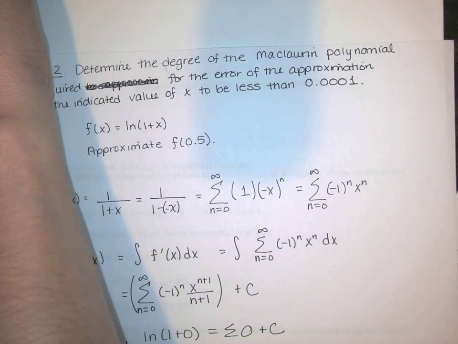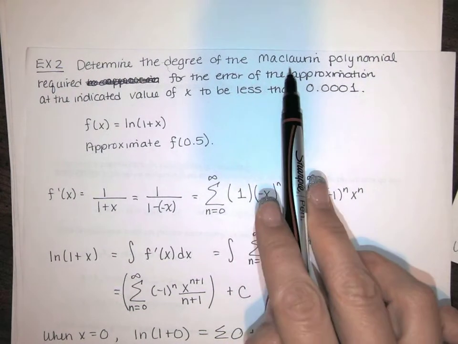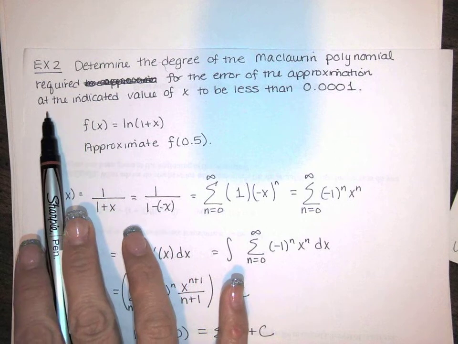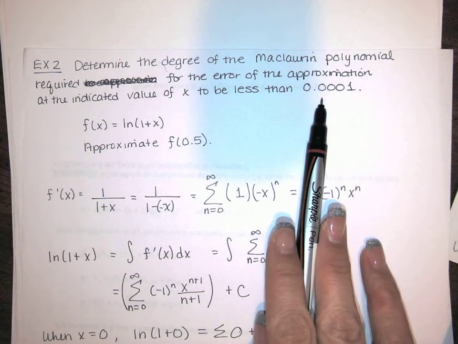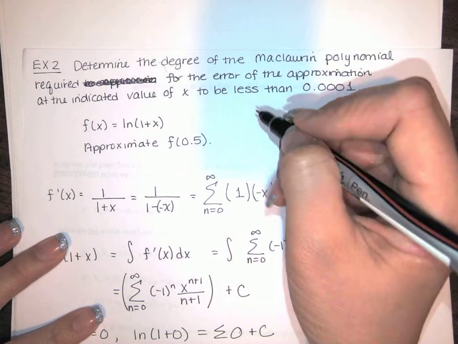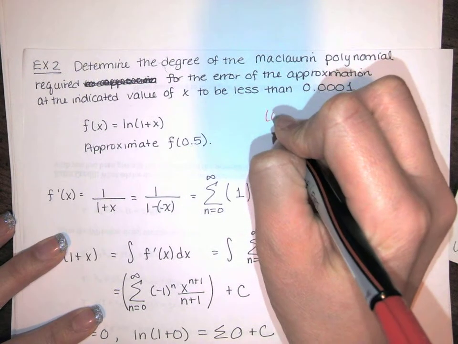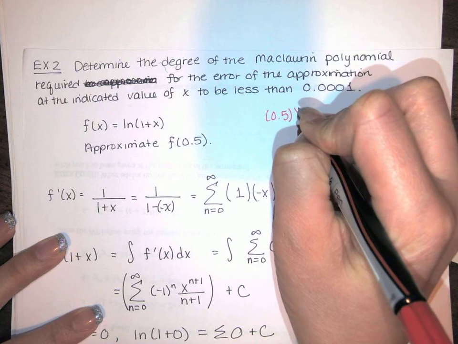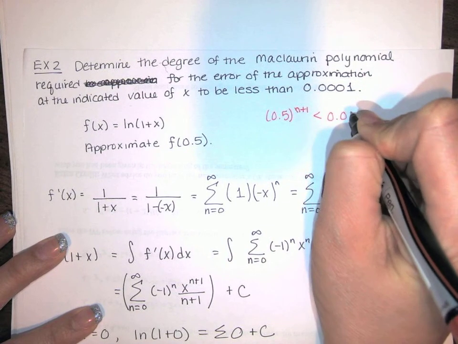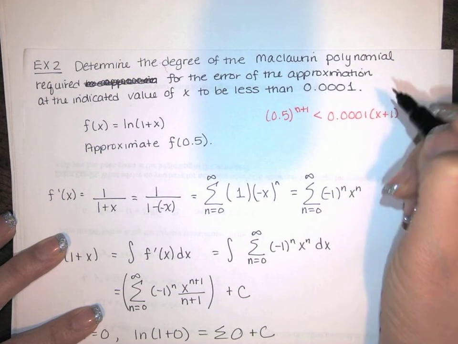So our question said, find the degree of the Maclaurin polynomial required for the error of the approximation at the indicated value of x to be less than 0.0001. And we realized that the error would be less than 0.0001 whenever 0.5 to the n plus 1 is less than 0.0001 times n plus 1.